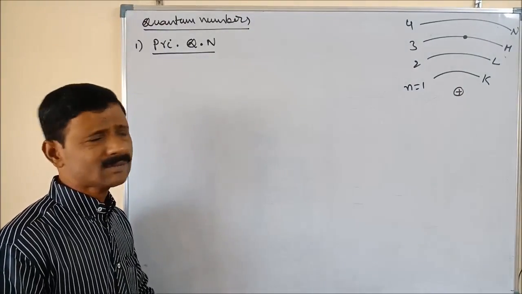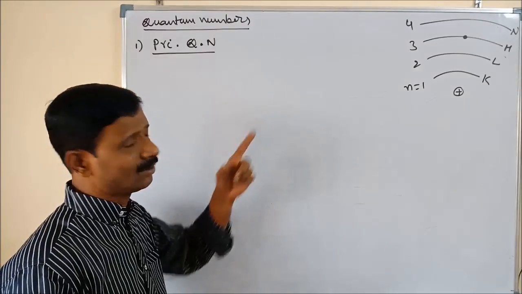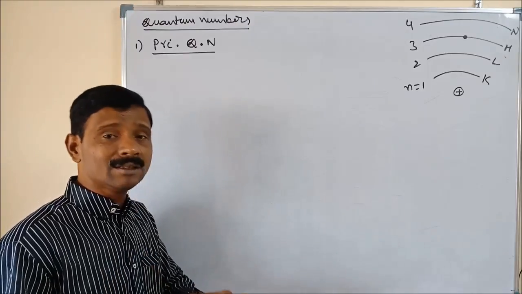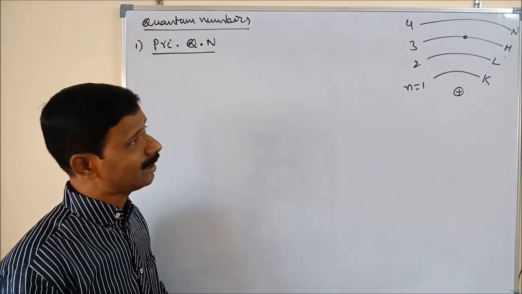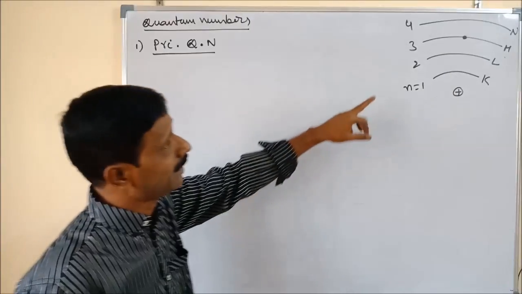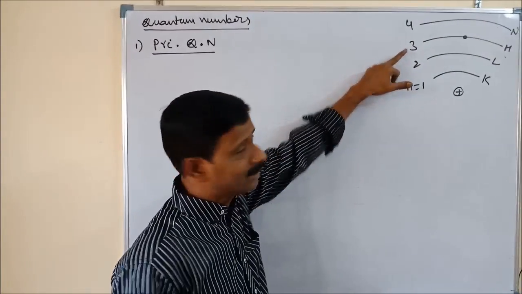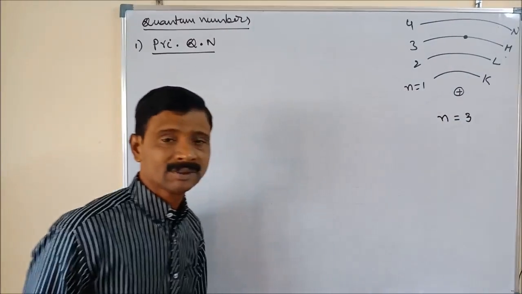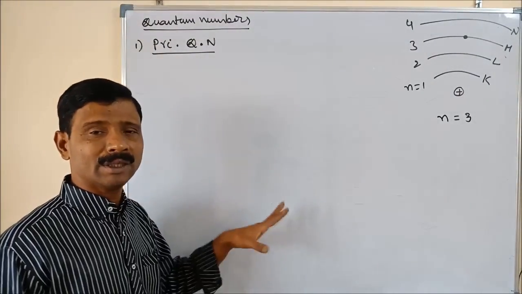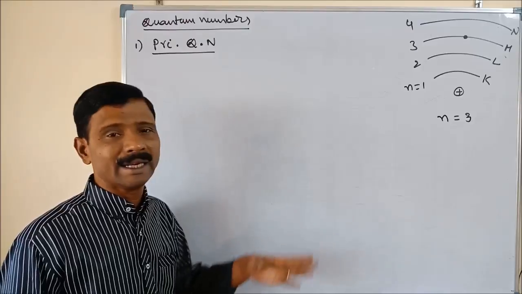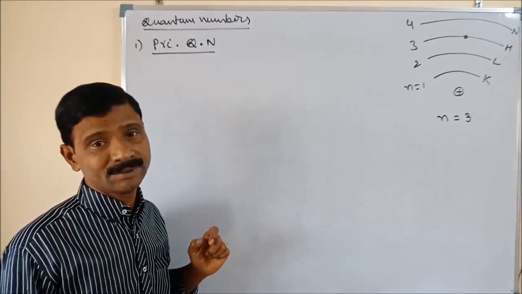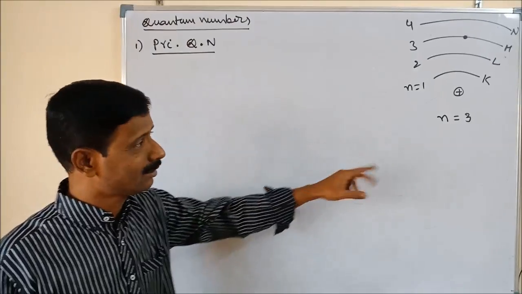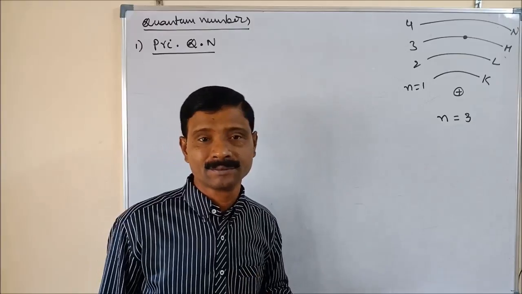Now if you want to analyze that electron, first of all you should know in which main energy level that electron is present. As per the diagram, the electron is in the third orbit, that means its n value is 3. So it is very clear that the electron is present in the third orbit of that atom. So we are getting an idea about the main energy level of the electron with the help of this n value.